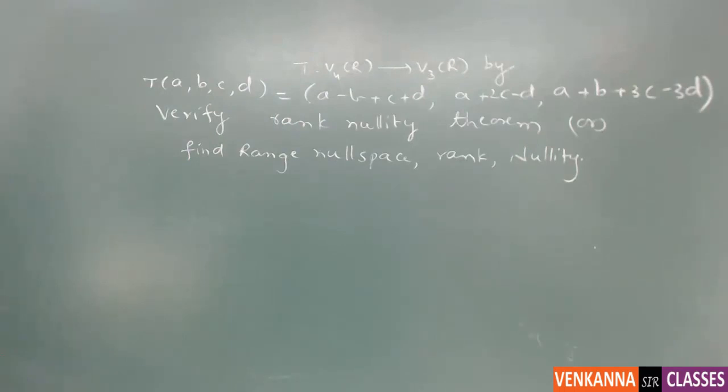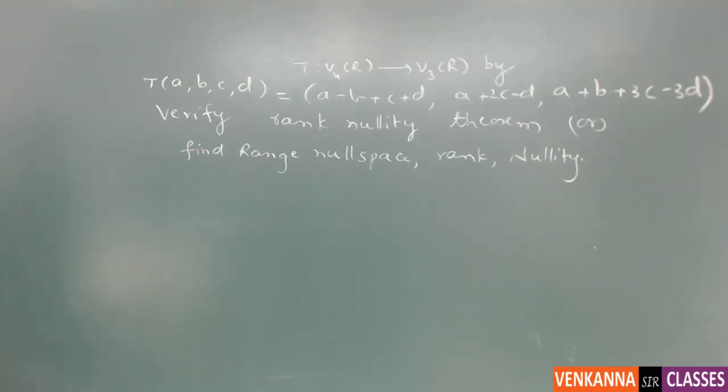The question can be asked in either way. I have a transformation T from V4 to V3. From this, it is evident that you are converting a 4D vector into a 3D vector, and it is defined by T of (a, b, c, d) equal to that vector. And the question is, you are going to verify the rank nullity theorem. In other words, you find the range, null space, rank, and nullity for this transformation. Okay?